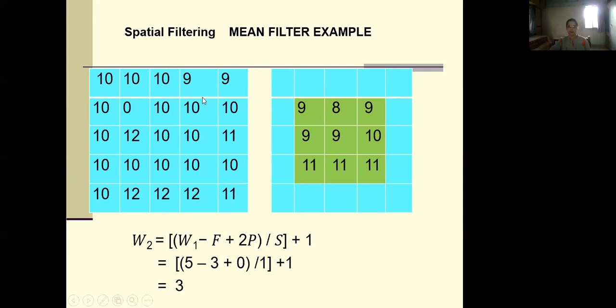Okay, so for the given example, your width size W is 5, filter width is 3. Then we have not used zero padding, right? So your P term is 0 and stride rate is 1. So if you substitute these values in this equation, you can get the width of the resultant image.